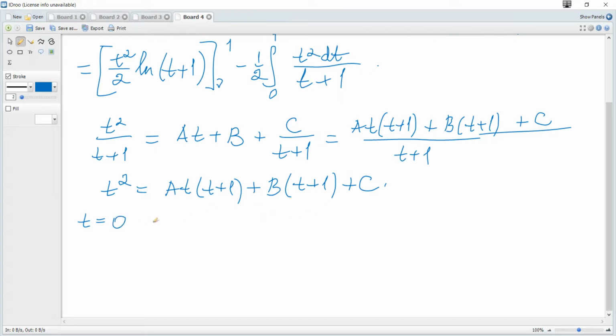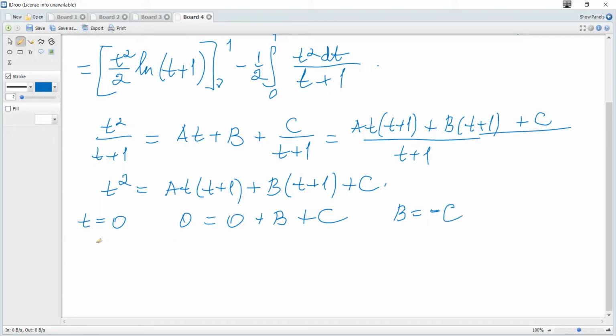So let t be 0, it becomes 0 equals 0 plus b multiplied by 1, plus c, so b is equal to negative c.